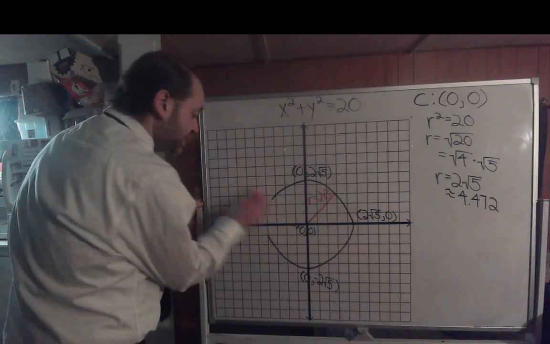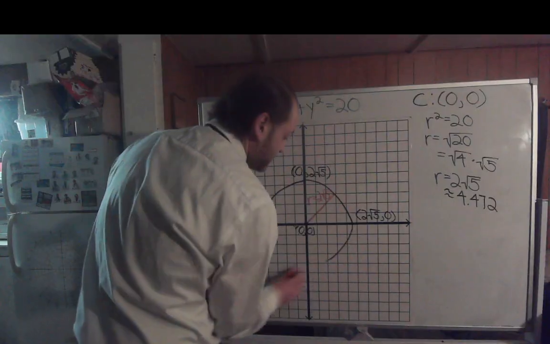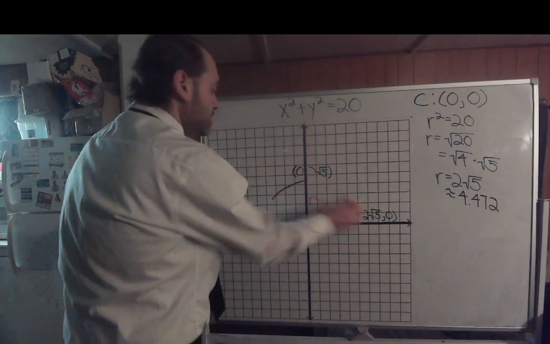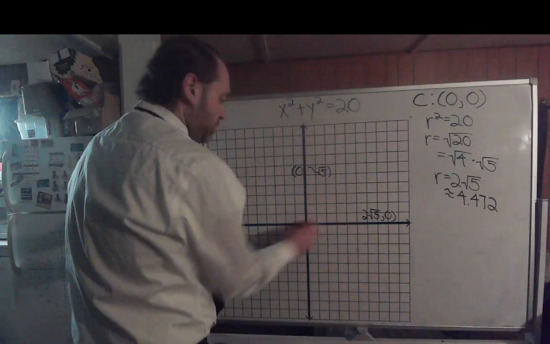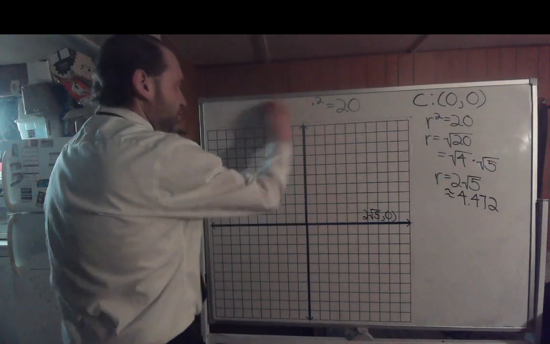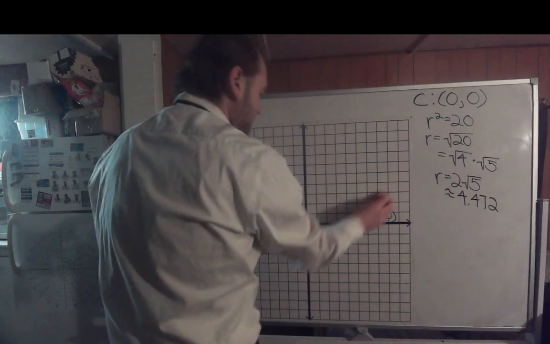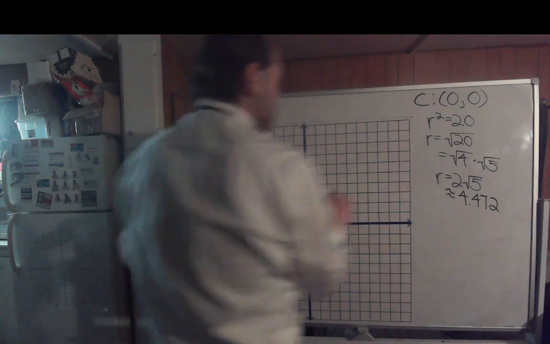Alright, now let's get into if the center is not at the origin. So we're going to deal with ones where the center's not at the origin. Again, it's really pretty simple. Circles are very simple to deal with.